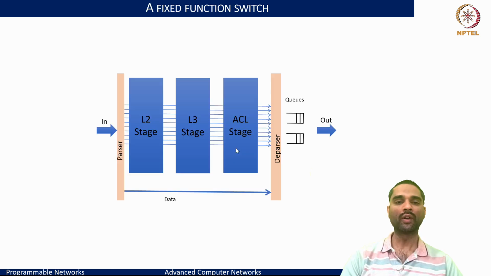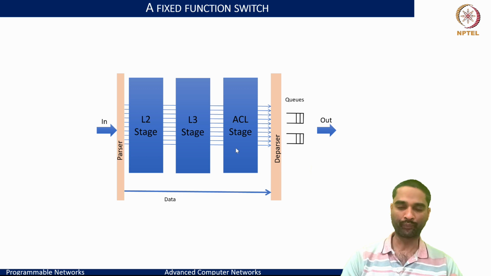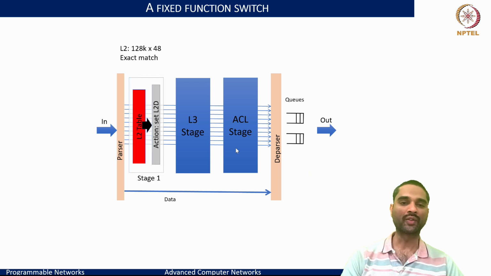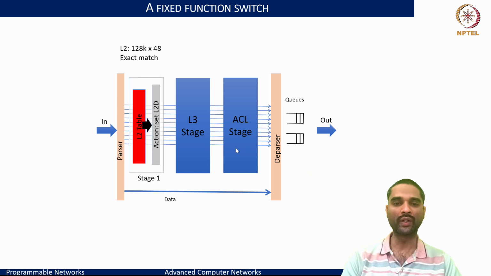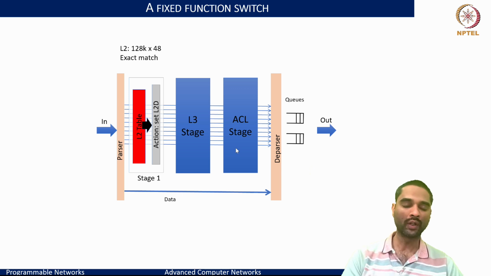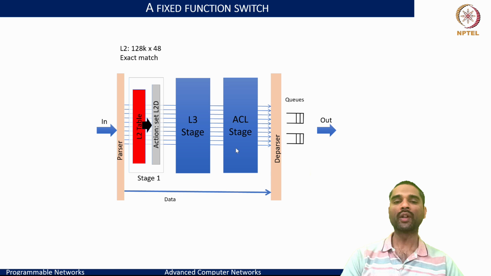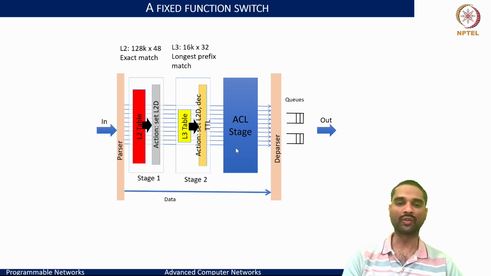But when we look into this in a deeper view, what we can see here is a simple 3-table setup. As the packets come, you would want to do stage 1, that is maybe a layer 2 table, trying to check for layer 2 data, match on layer 2 fields like source MAC, destination MAC, type, and try to do a specific action like set the layer 2 destination actions.